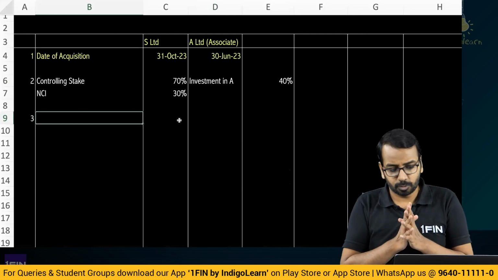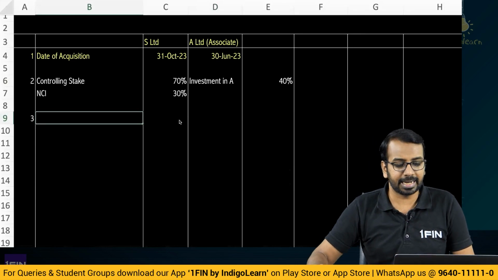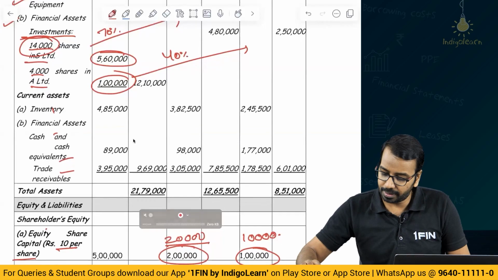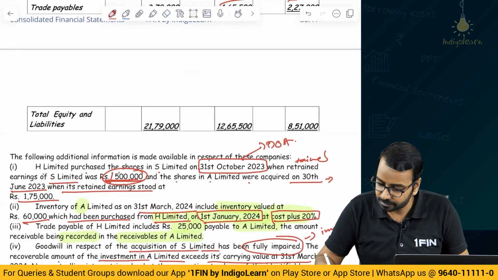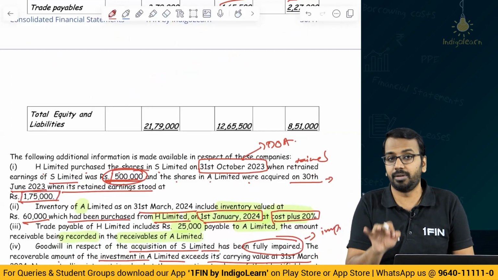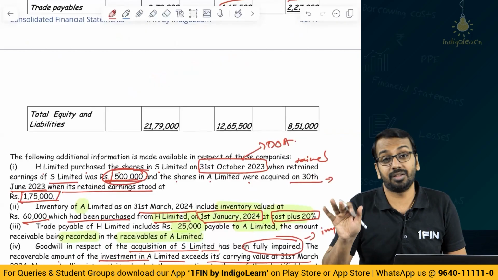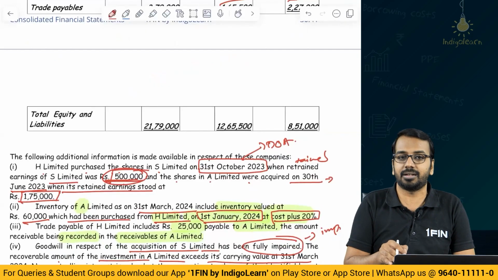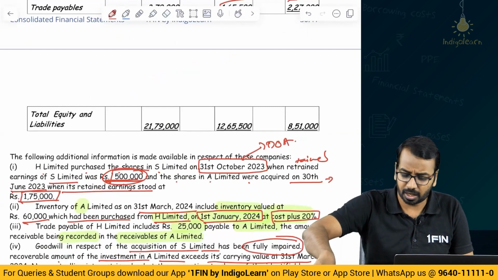To be frank, it is not really difficult because they have given it to us directly in the question that on the date of acquisition, the retained earnings is 5 lakhs and here the retained earnings is 1,75,000. For associate, we just need to calculate the goodwill amount, but we do not need to show that separately in the financial statement. As far as S is concerned, for S we need to calculate the goodwill. This all of us should be aware of.